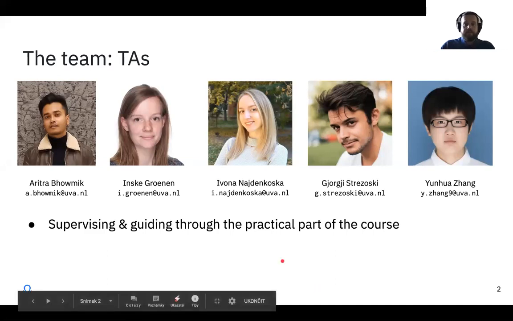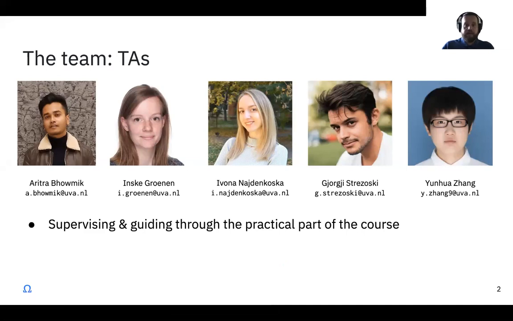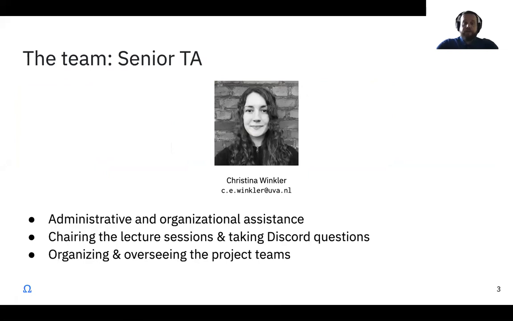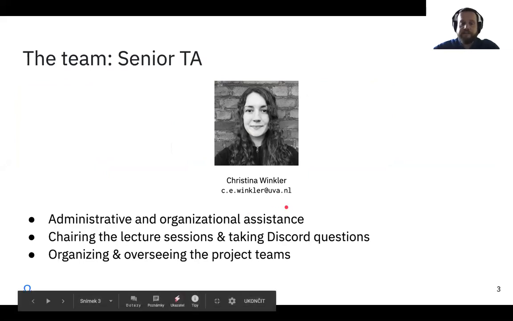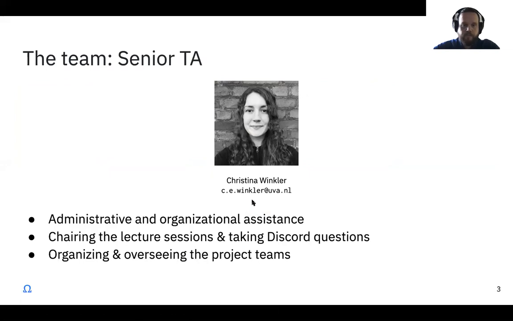They will be supervising and guiding you through the practical part of the course. We also have a senior TA, Christina, who should be here with us today. She is going to be providing administrative and organizational assistance with the course. She's going to be chairing the lecture sessions and taking Discord questions.